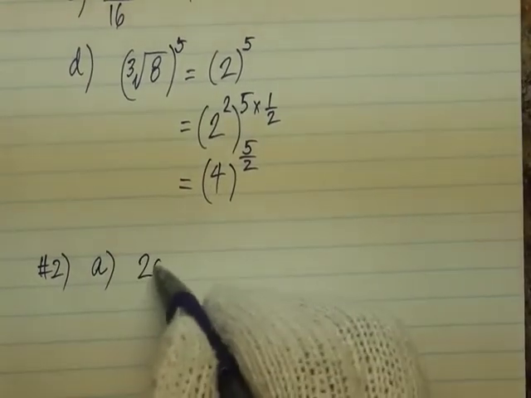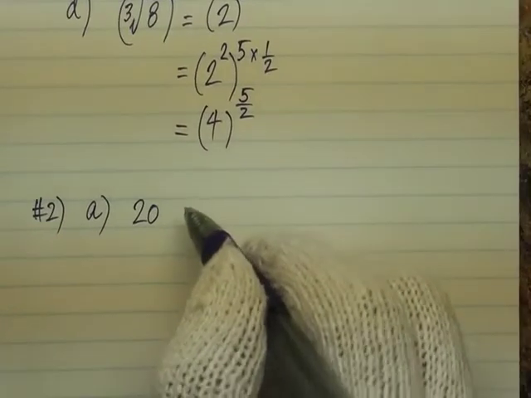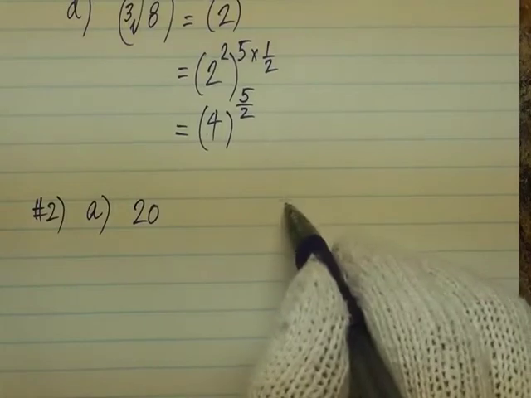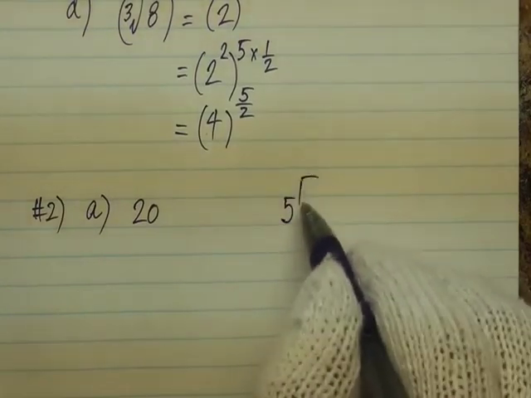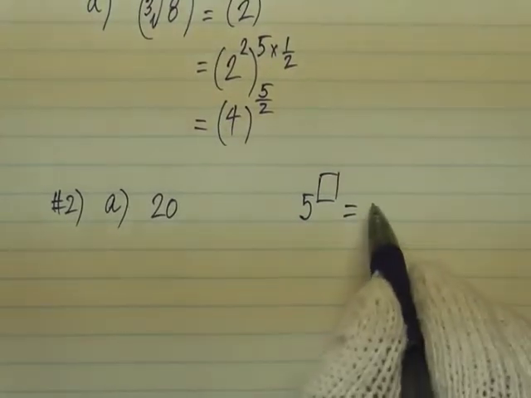I'm going to write these questions as a power of 5. In other words, what exponent should 5 have so that when I raise 5 to that exponent, I'll get 20?